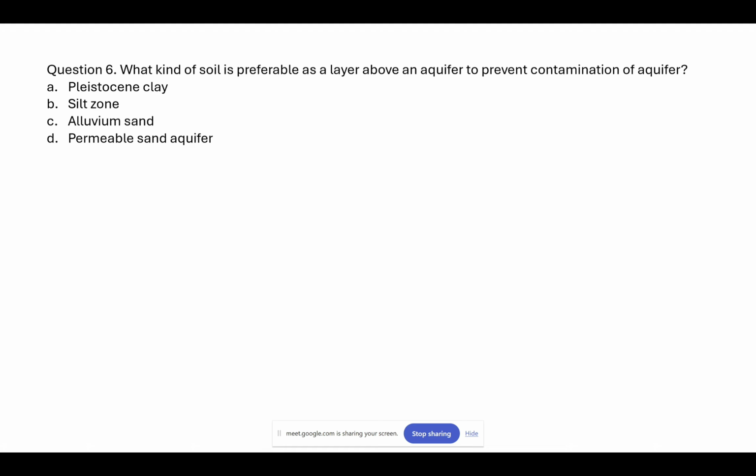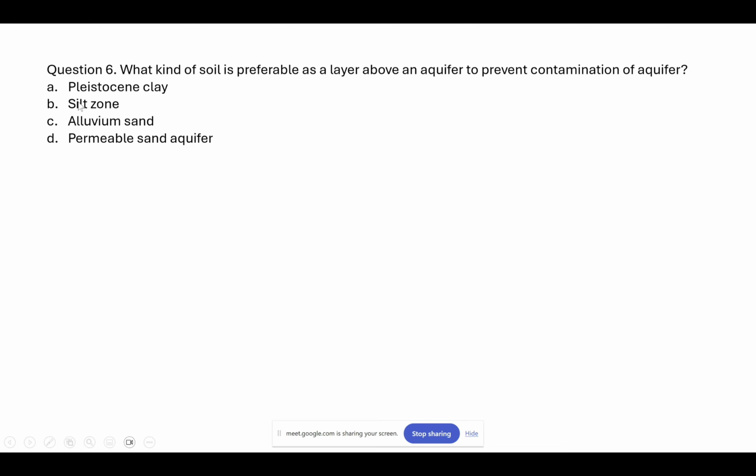So A is the correct option. Pleistocene clay layer is used as a preferable soil layer above an aquifer to prevent contamination of the aquifer because this clay has very low hydraulic conductivity. Because of that, whatever contamination is in the water will seep at a very slow rate into the aquifer.